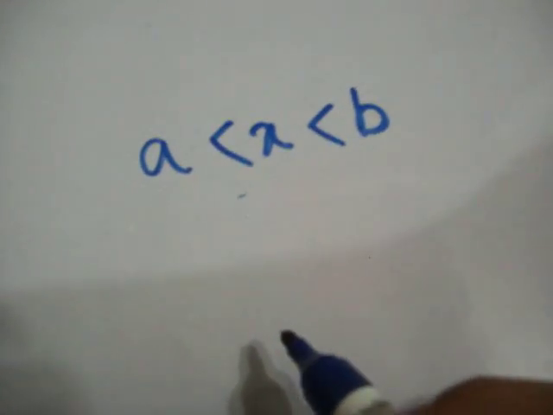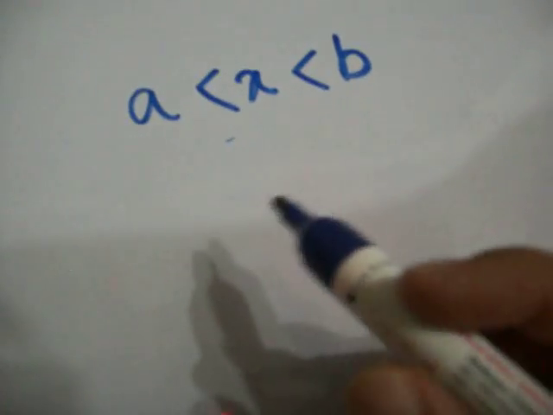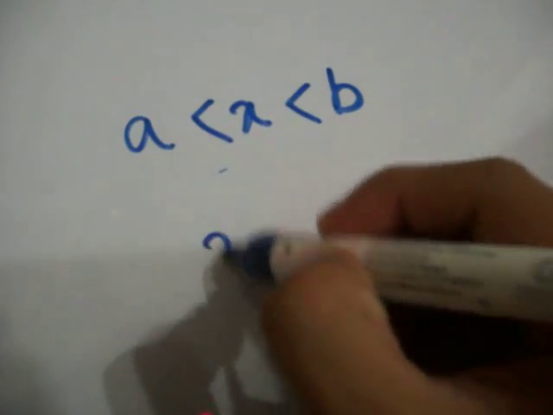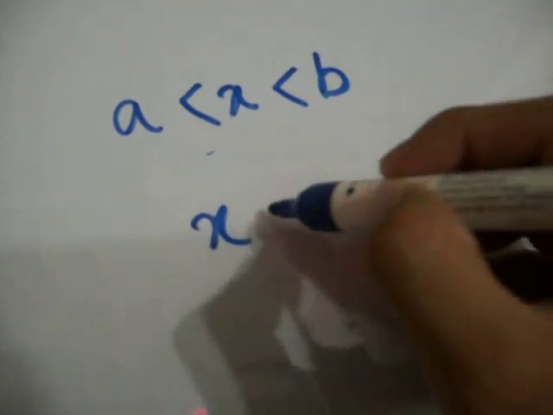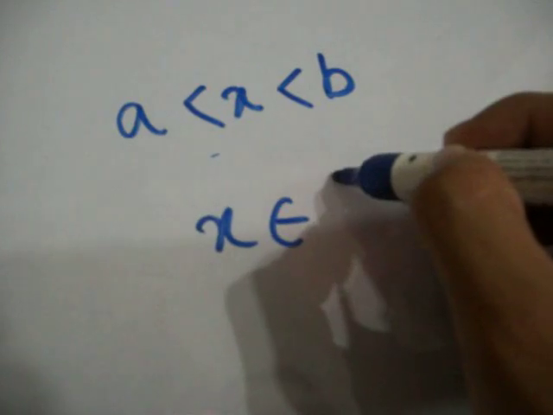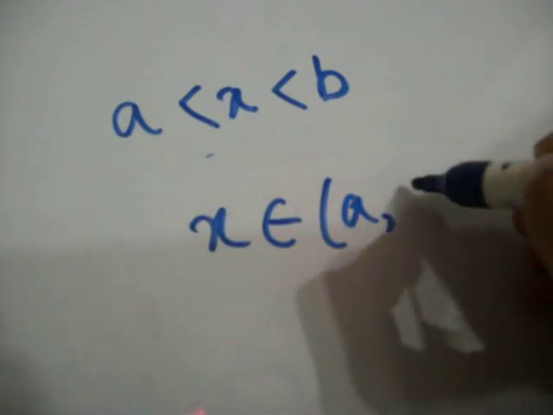The way to represent this in signs is x belongs to (a, b).